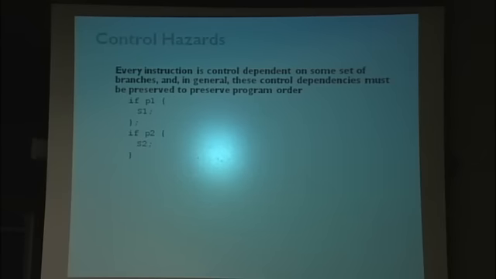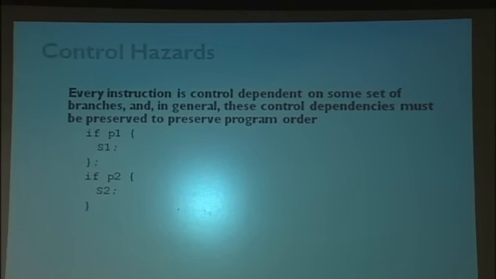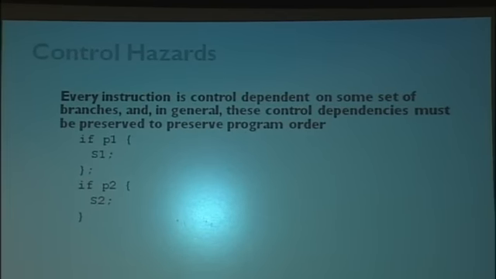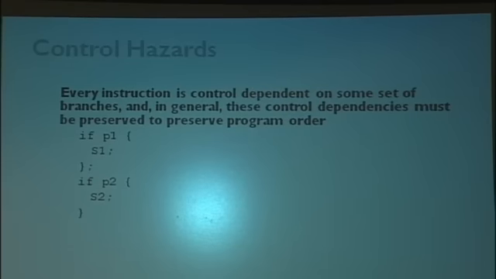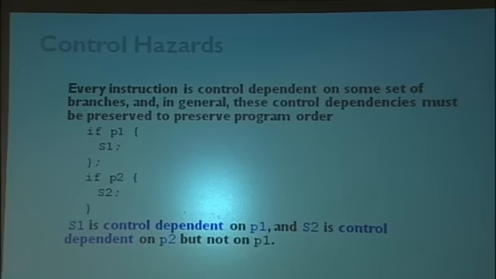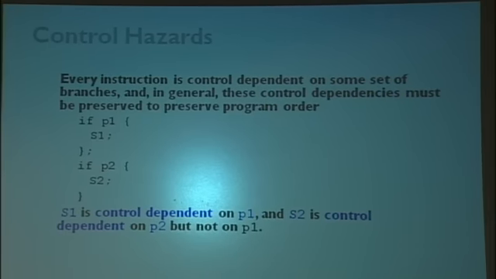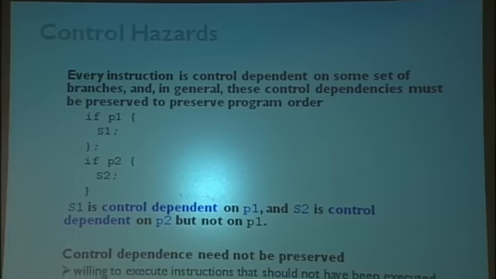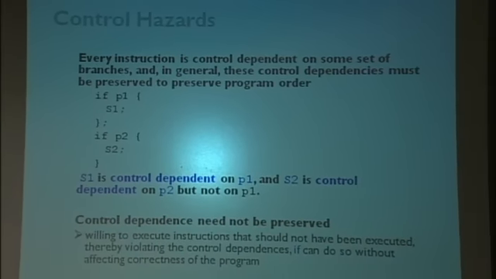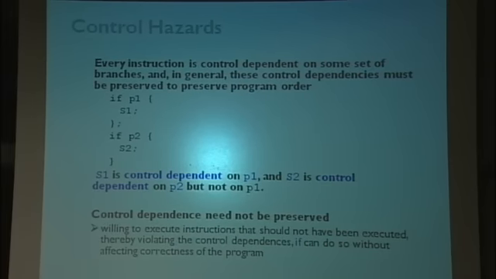The next interesting thing is control hazard. If you have this kind of loop, S1 is control dependent on P1. So we can't do S1 until P1 is done, or S2 until P2 is done. We have to wait till the P1 condition is resolved before I can do S1, and vice versa for the next one. Also, we can get rid of it by doing speculation.